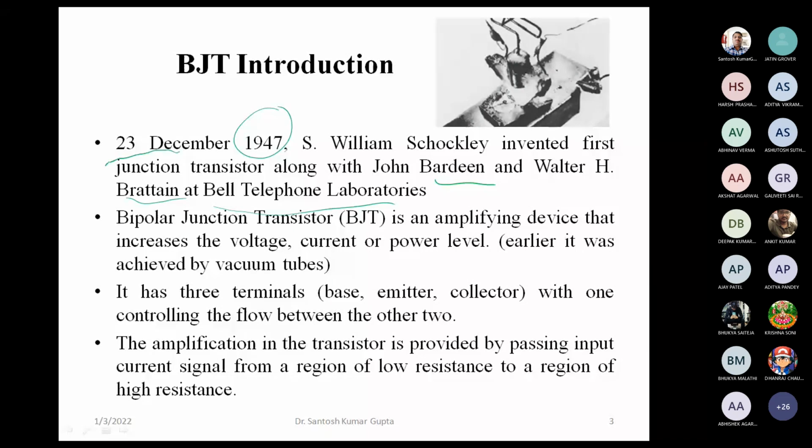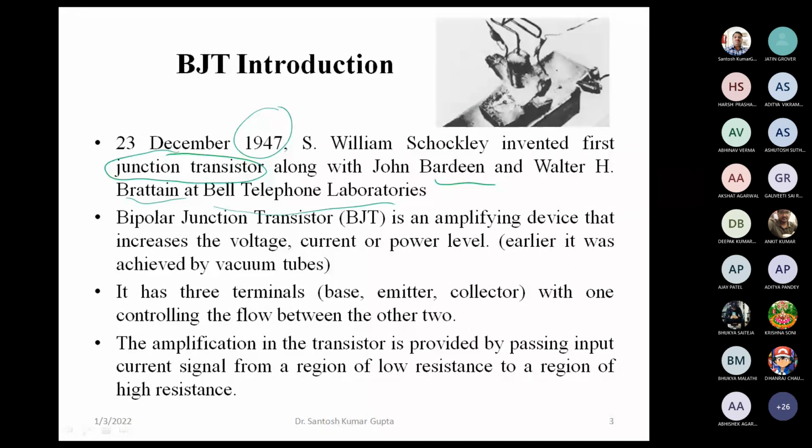It was not the same transistor as we see today, but one can say a kind of point contact transistor. It was quite different from the transistor we see today.